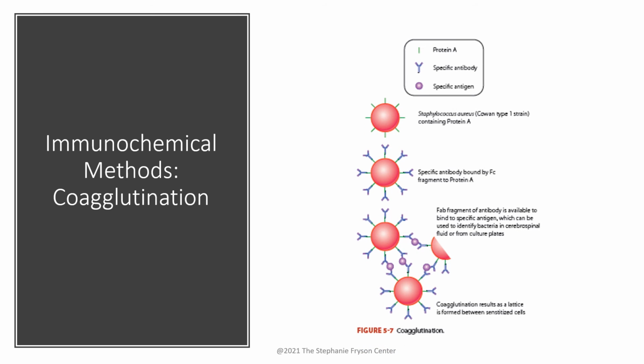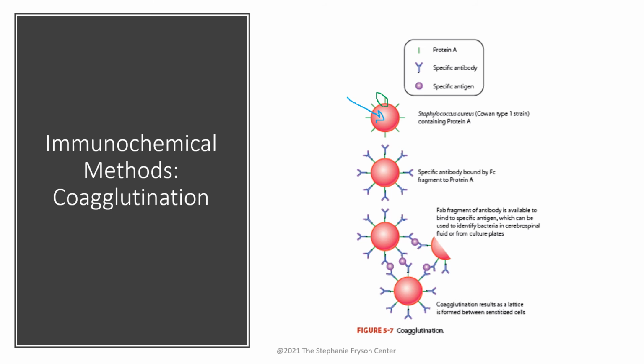Immunochemical method, coagulation. Again, you learn a lot more about this in hematology and immunoserology, so this is just an example. So you have protein A, and the specific antibody and specific antigen are represented. These green little dots here are protein A. In this case, Staph aureus has the protein A. So this is Staph aureus, represented by this ball here.